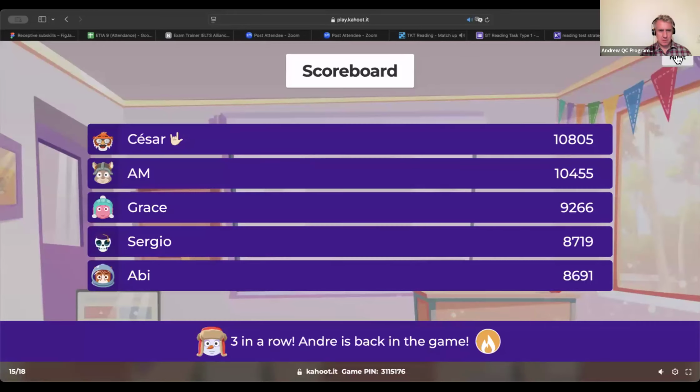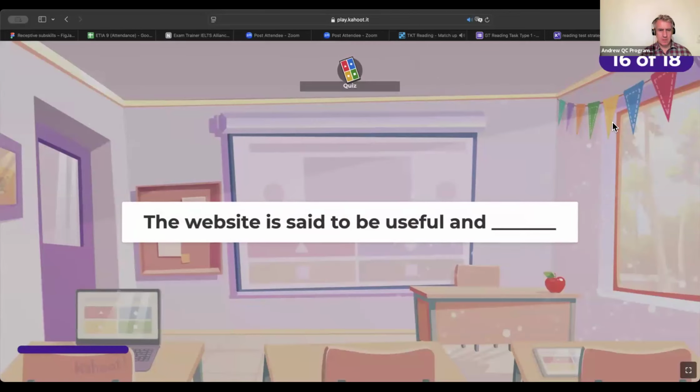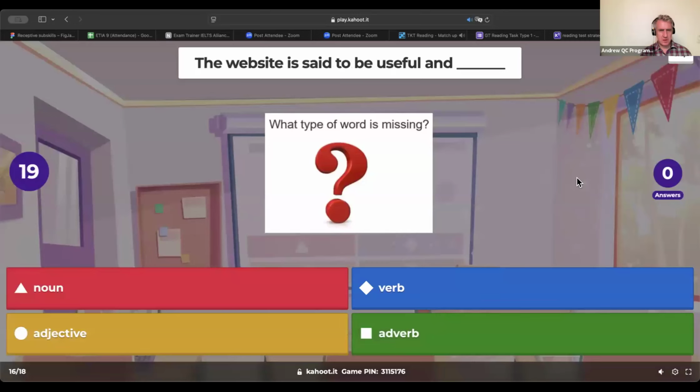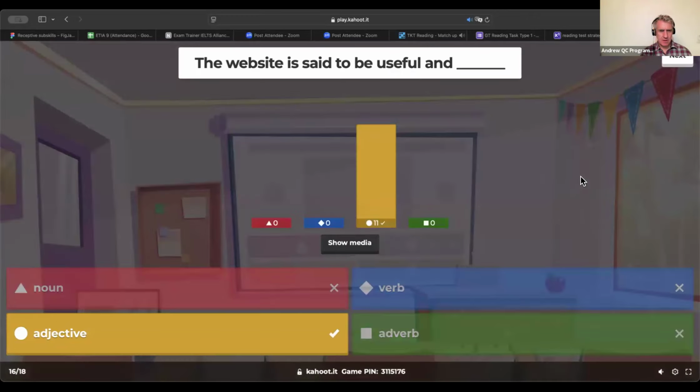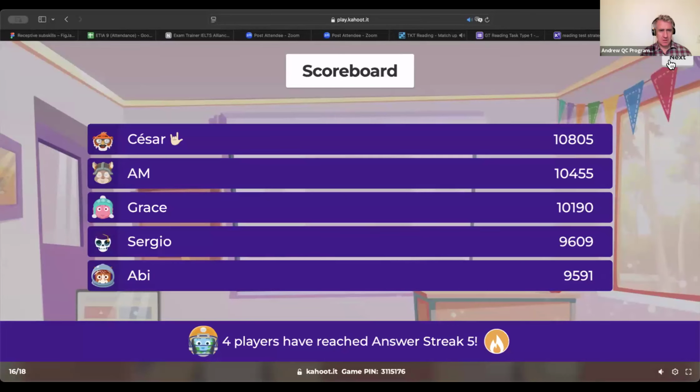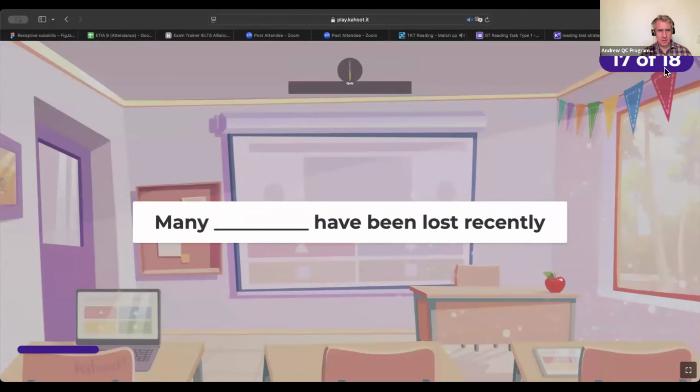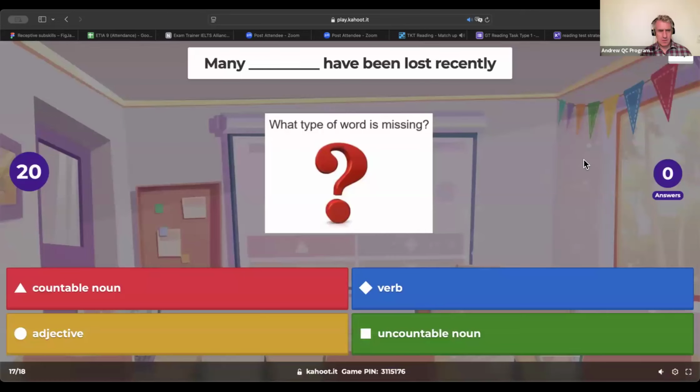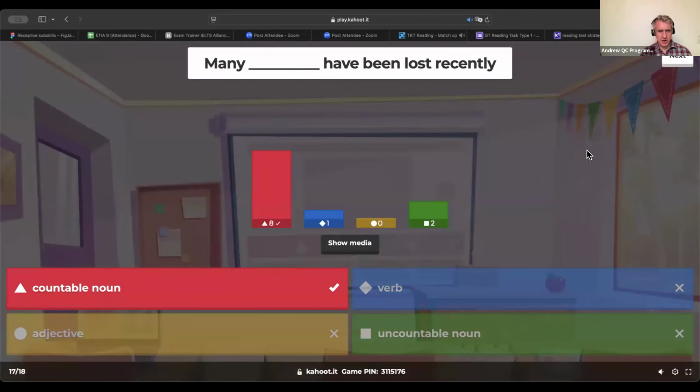Sure about that one. Yeah, it's a countable noun, not an uncountable one, because if it was uncountable, it would be much.